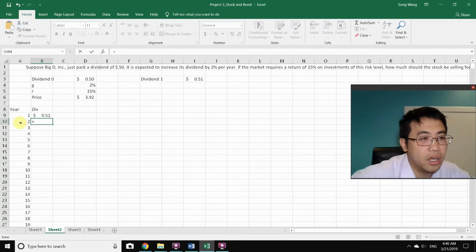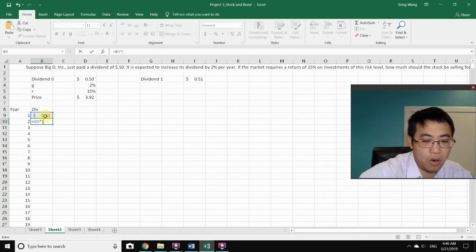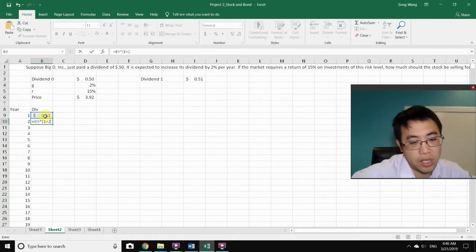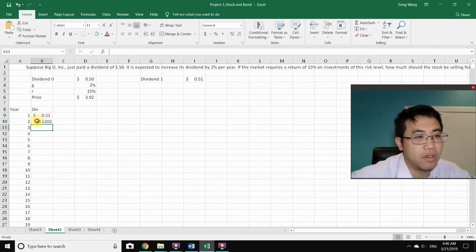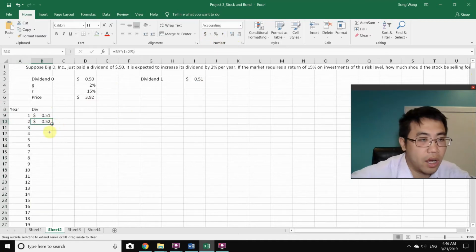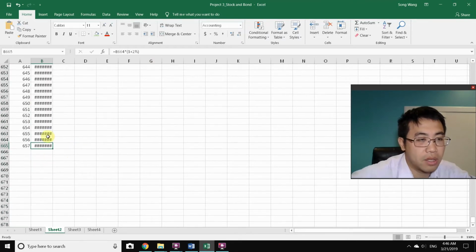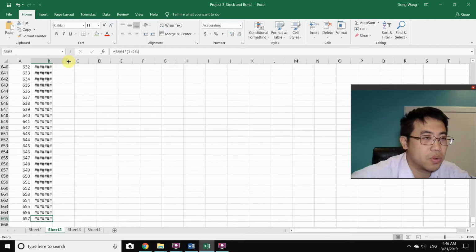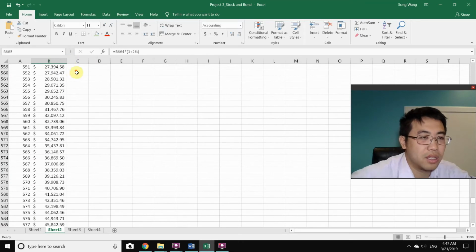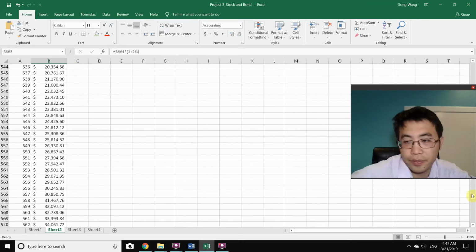In the second year, it is 51 cents grown by another 2%, that's 52 cents. Then just drag it all the way down or double click it. You will see the dividend keeps growing by 2% from the last period. It will grow to a huge number, but it really does not matter.